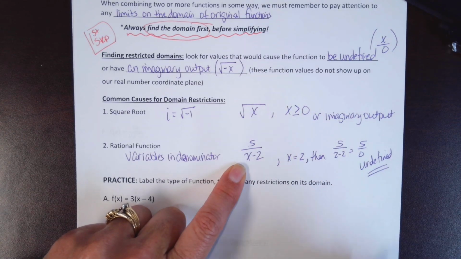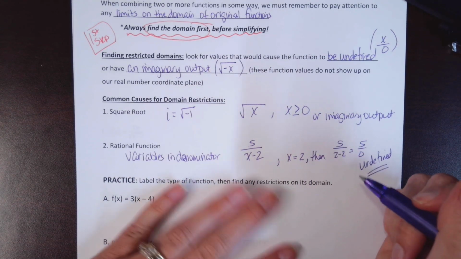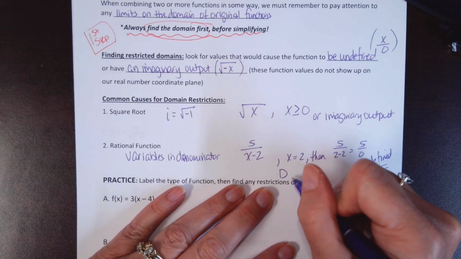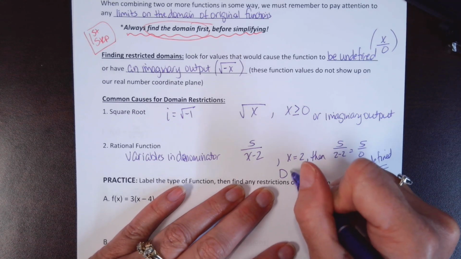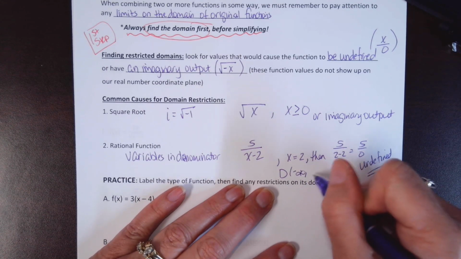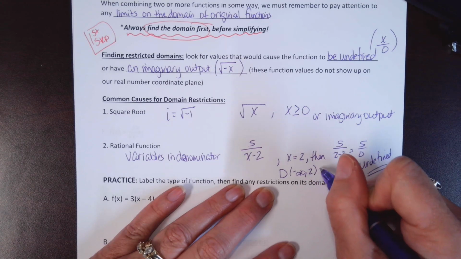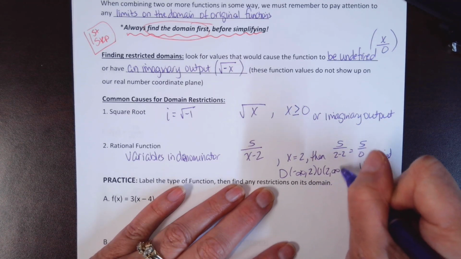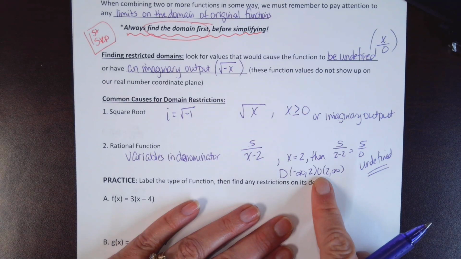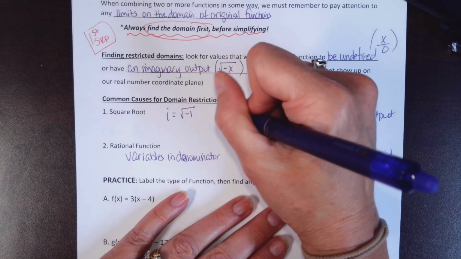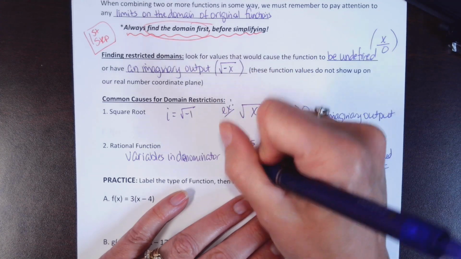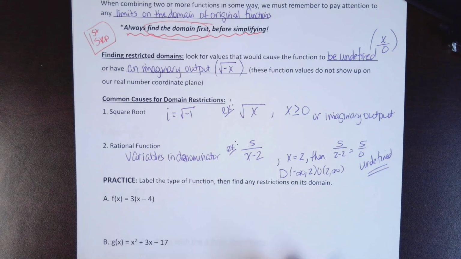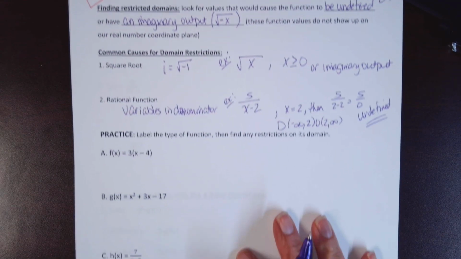That doesn't work. So my domain would be everything but 2. So my domain would be all real numbers, negative infinity up to 2, or 2 to positive infinity, but I've got to leave that 2 out. My domain cannot include 2. Okay, so those are our common causes for domain restrictions.